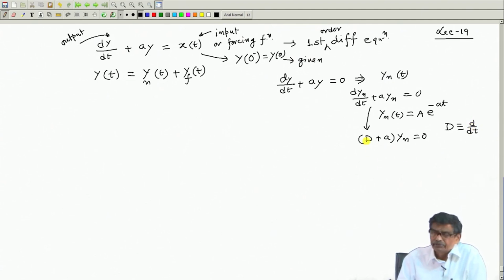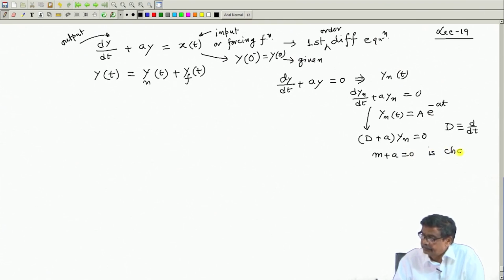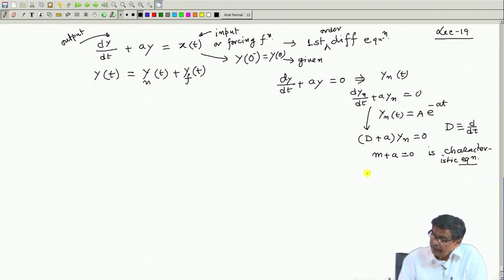Then if you substitute D by some m, we say that m plus a is equal to 0 is the characteristic equation, and the root of the characteristic equation is m equal to minus a.